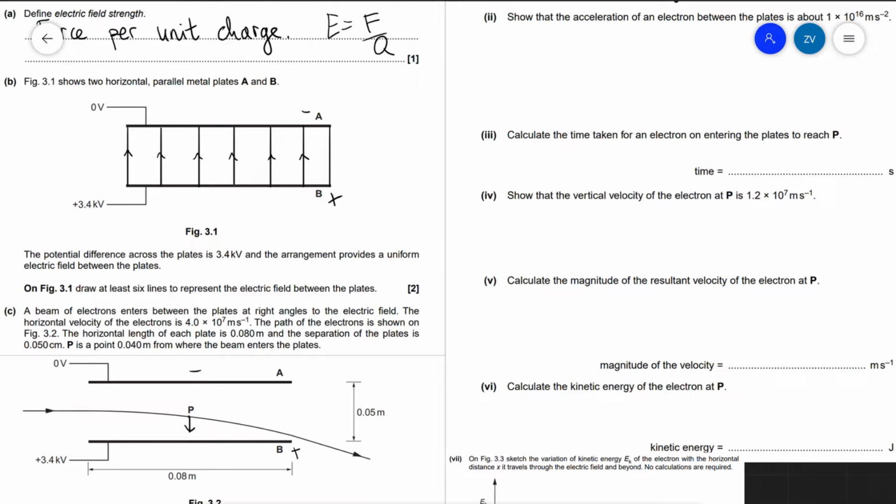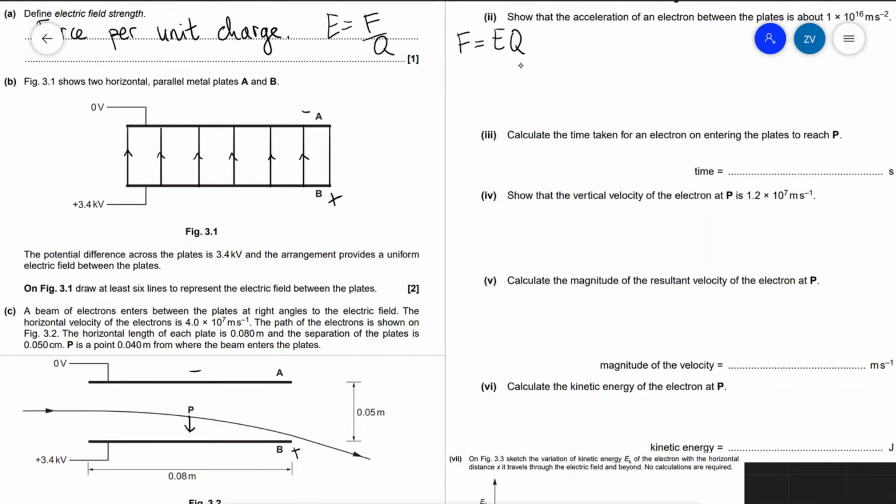We know that the acceleration will be determined by the electrical force, and the electrical force is equal to E times Q. If you're wondering where I got that from, the electric field strength is force divided by charge, hence the force is going to be the electric field strength multiplied by the charge. In this case, that would just be the electron charge, but we'll get to it.